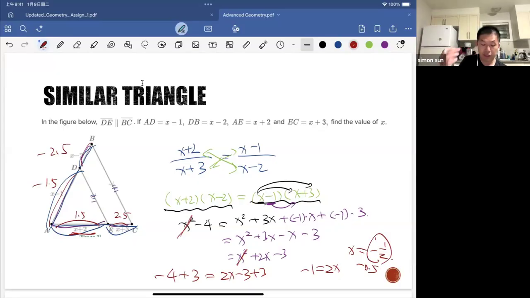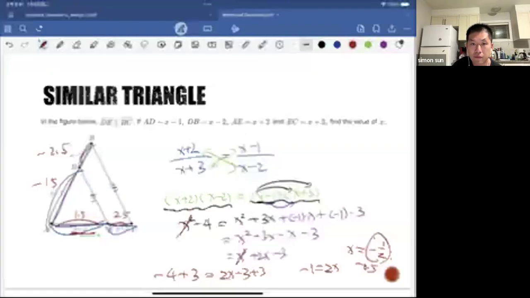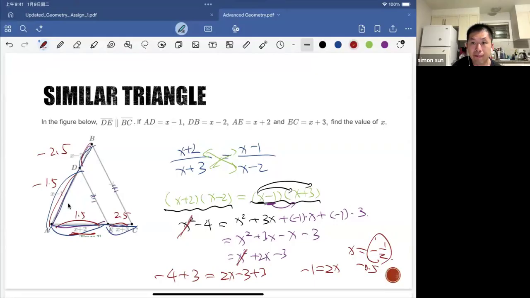They will be the same, right? It's always 1.5 to 2.5. So you actually solved the question. But this is just to solve the x values. It doesn't make sense in reality because side length cannot be negative. Just for this question, you solve the x values.